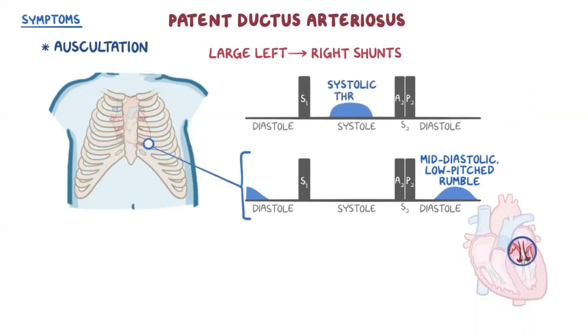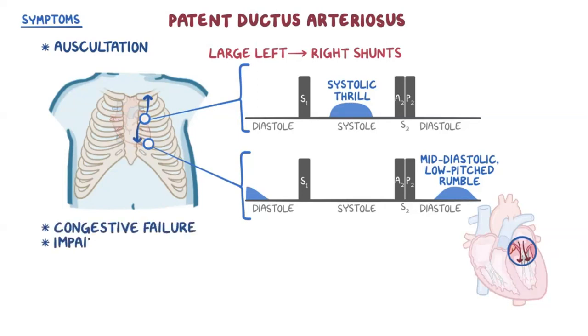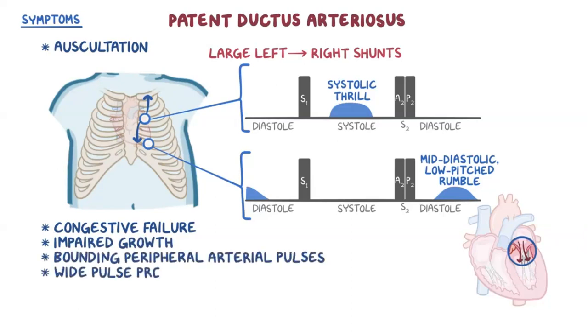A systolic thrill, maximal in the second left interspace, may radiate towards the left clavicle down the left sternal border. Over time, a large PDA could lead to congestive heart failure, impaired growth, bounding peripheral arterial pulses, and a wide pulse pressure due to runoff of blood into the pulmonary artery during diastole.